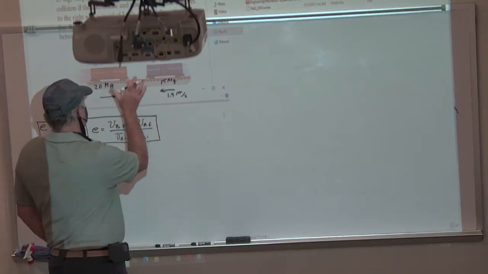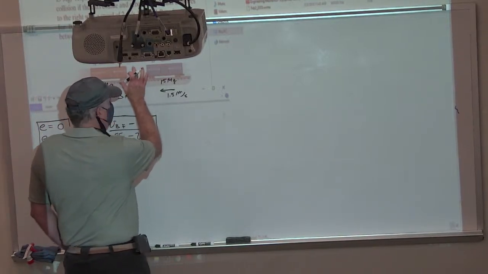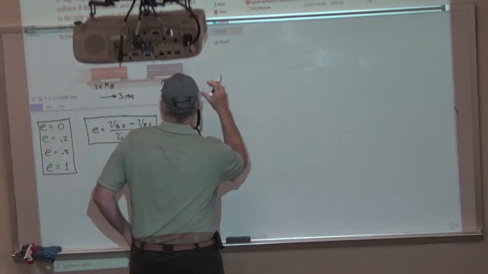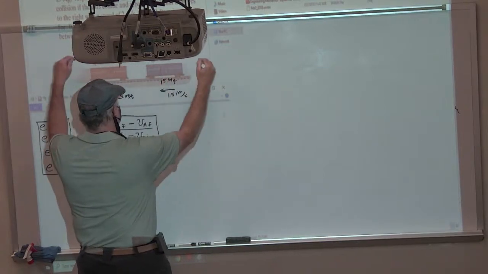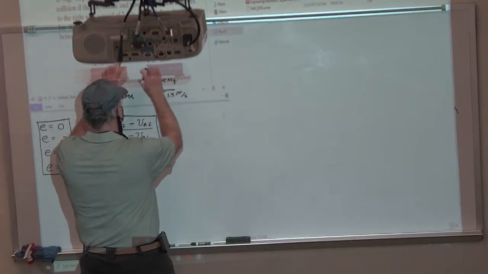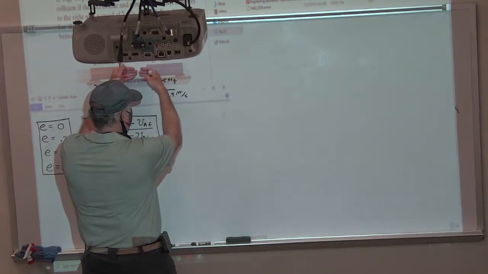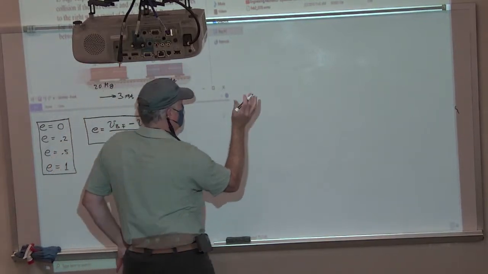Again, we're talking about the system. During the collision, there are these two coming together, but there's nothing else pushing either one of these. During the collision, they're pushing against each other and pushing back.